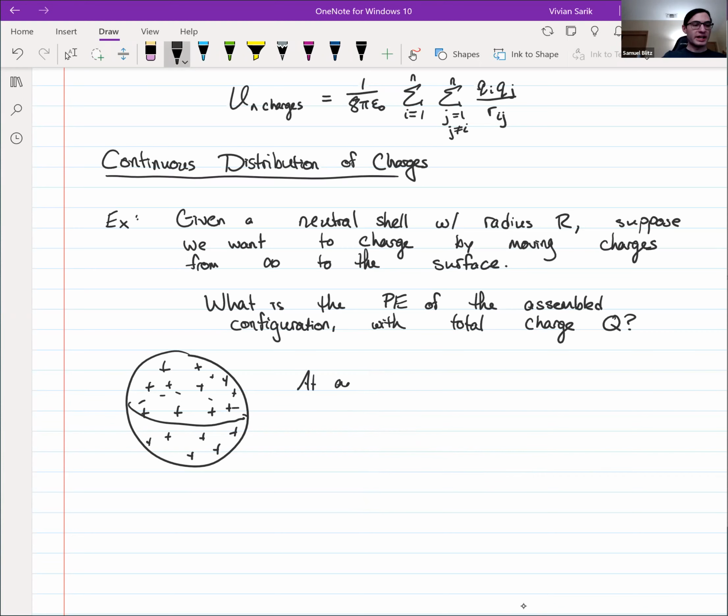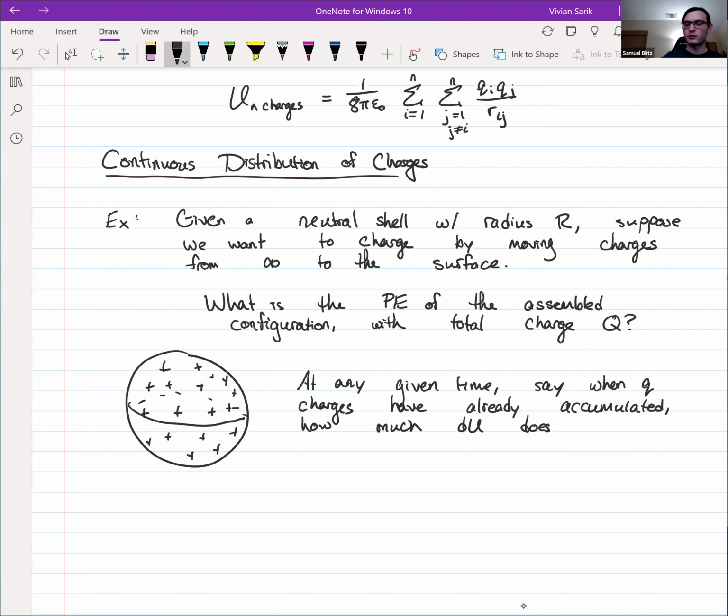So at any given time, say when Q charges have already been accumulated, how much dU does adding a new charge dq contribute?